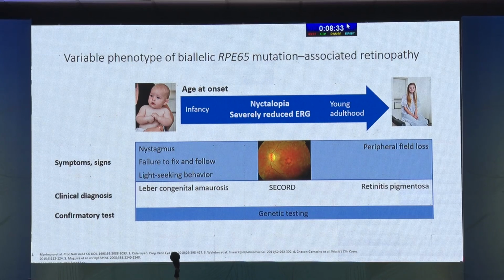With this heterogeneity, the only way to be certain that you're dealing with RPE65 mutation-associated retinopathy is to do confirmatory genetic testing. And when you do that, you find that about 10% of the cases of Leber congenital amaurosis are due to RPE65. And in adult RP, about 2% of cases are due to RPE65 mutations.